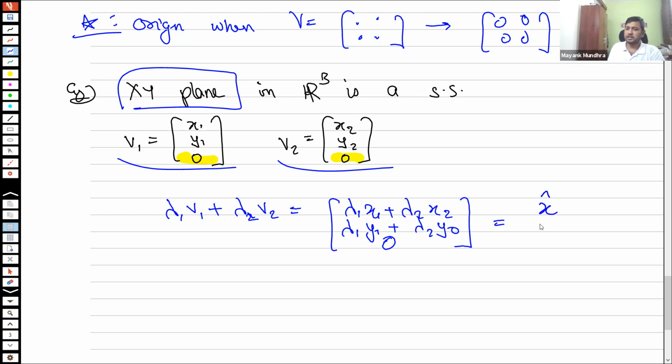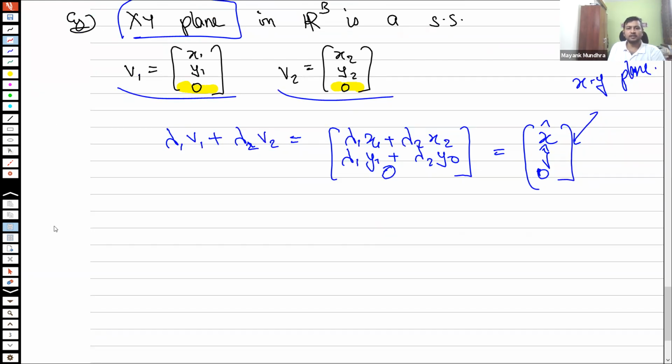Okay, which is basically x hat, y hat, 0. So this is still in the xy plane. So the xy plane, it's not a line, it's a plane, but it's an infinite entity passing through the origin. Okay, the origin must be present in every subspace.